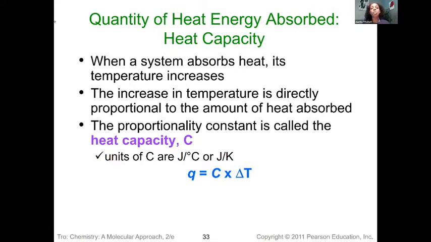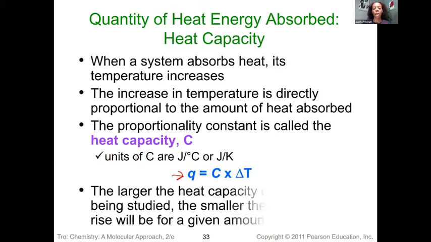There's a constant that we use, known as the heat capacity constant, or capital C, that can be used to predict the overall heat that an object has as it gains or loses these temperature changes. The heat capacity has units of joules per Celsius or joules per Kelvin, and can be used to calculate the overall heat of an object.